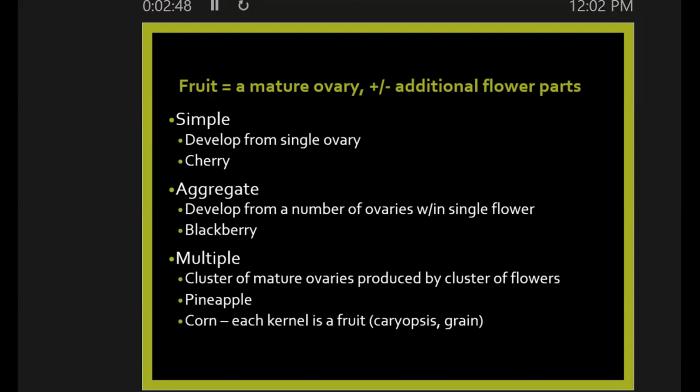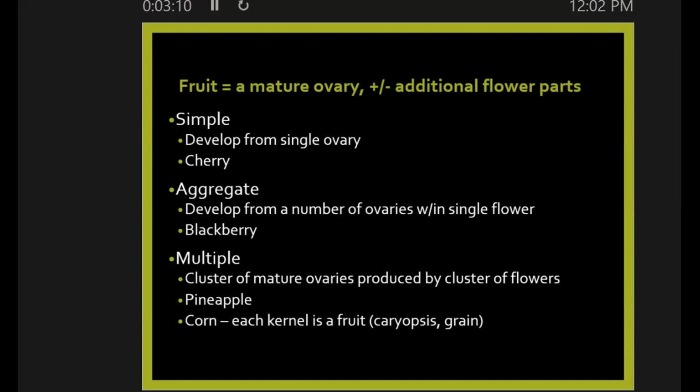So looking at when you say, you know, what is a fruit, it's really the ovary of the flower that developed into this fruit or dry fruit. And then sometimes there are additional flower parts that are involved in getting that fruit to be the way it is.